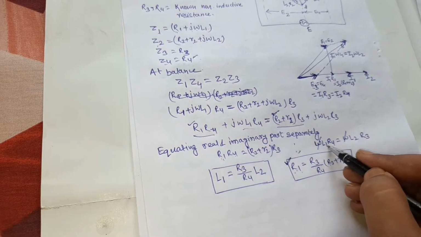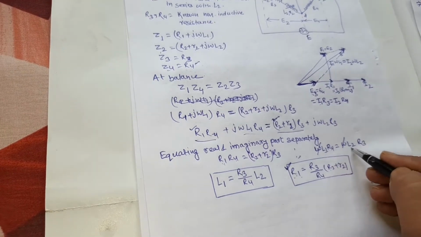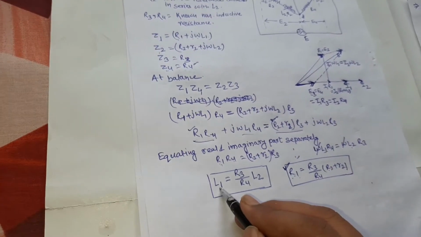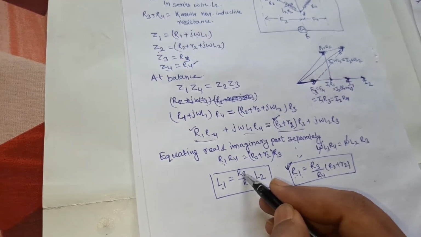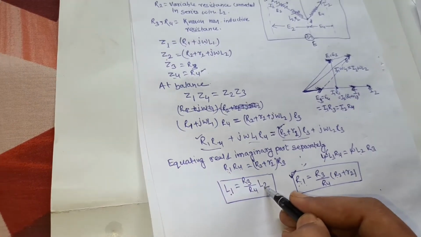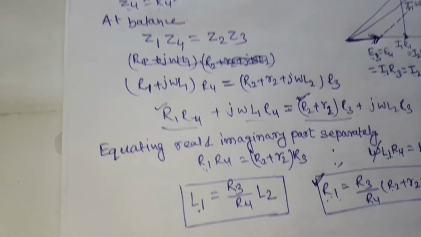Equating the imaginary part, L1 into R4 is equal to L2 into R3. So the unknown inductance L1 is obtained as R3 by R4 into L2. In this way you can measure the self-inductance of a circuit using Maxwell's inductance bridge.